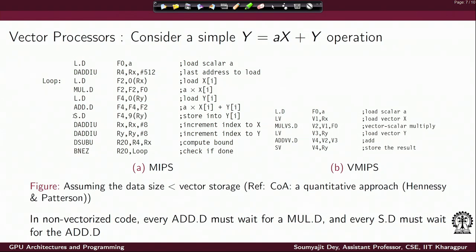Because the store instruction s.d is going to store the content of register F4 to some memory location, right. But this content would get updated by add previous to that, and for add to finish, the write back to F4 has to happen. So s.d has to wait up to the point when the write back to F4 is completed for the add.d operation.